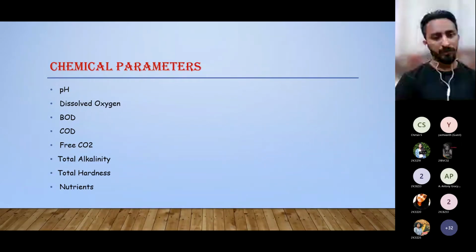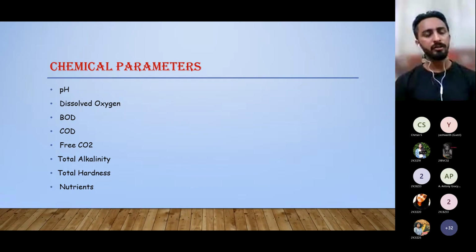Apart from that, we have other chemical parameters, one of which is free carbon dioxide. Free carbon dioxide is a measure of the amount of carbon dioxide molecule present in the free state. It is generally measured the same way, by titration, where we use phenolphthalein as an indicator and titrate it using sodium bicarbonate.